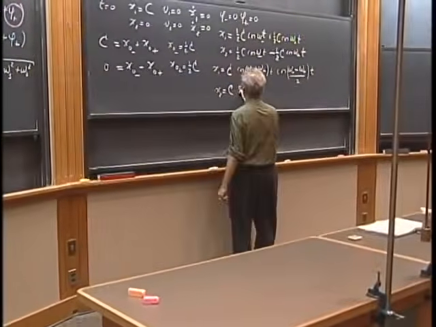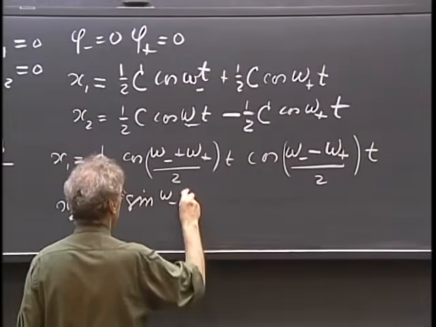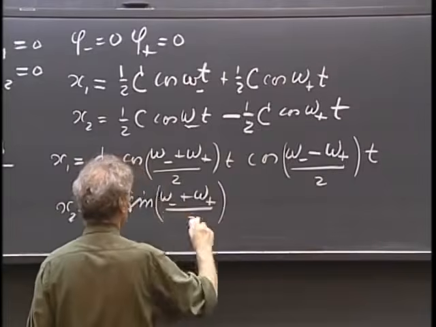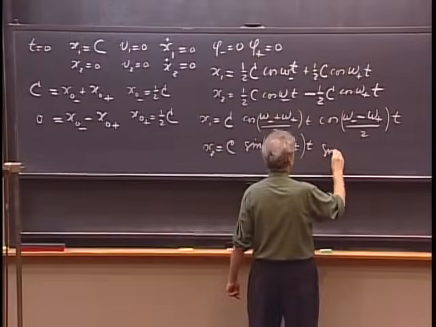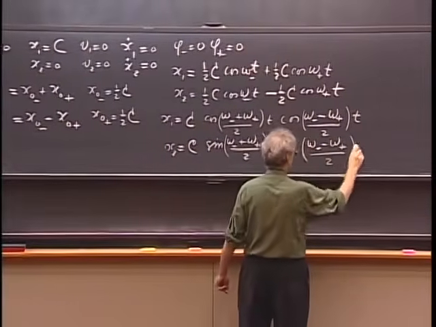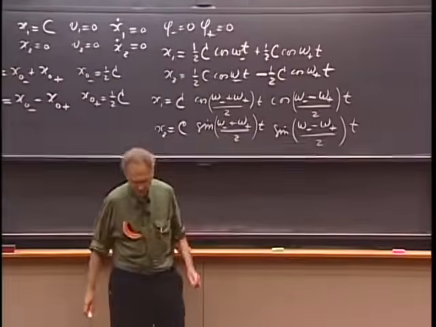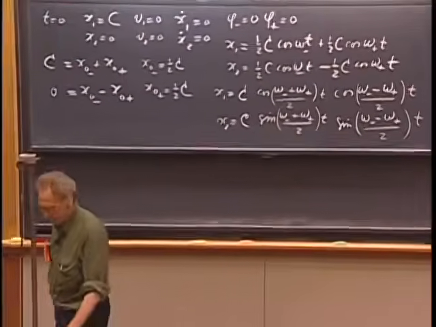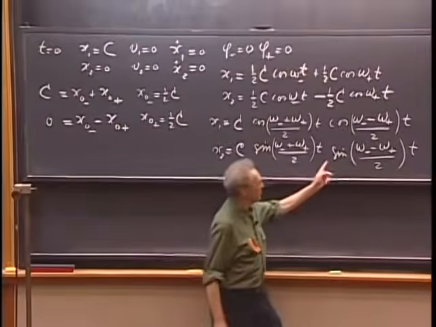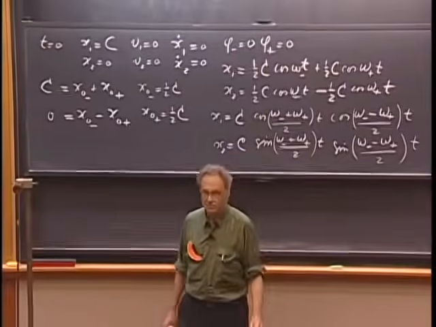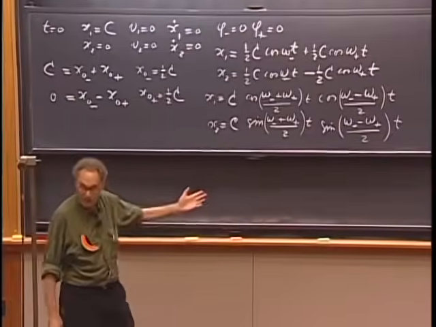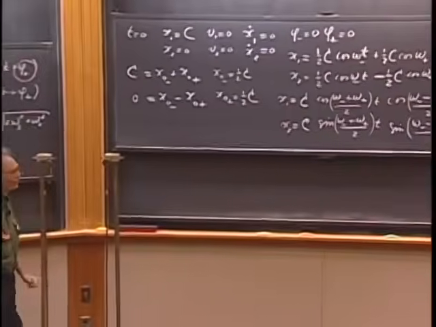So now I get here the sine of (omega minus plus omega plus) divided by 2 times t times the sine of (omega minus minus omega plus) divided by 2 times t. Notice when t is 0 that the sine of this one is 0. Consistent with our initial conditions, x2 was 0, remember? It's all there. The initial conditions are all there, just written in a different form.